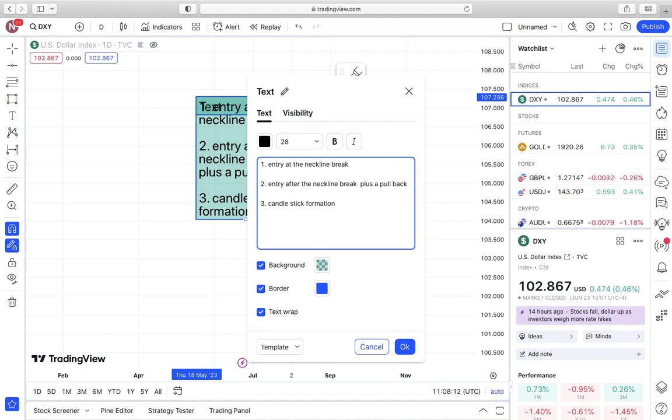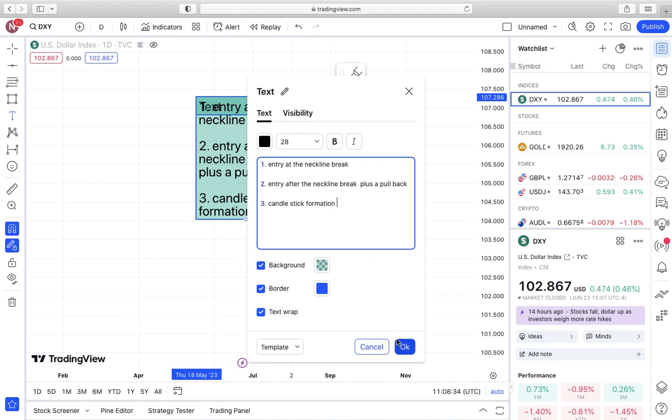They will enter at the candlestick formation of that place without necessarily waiting for the neckline break. All these ways you can trade it, because all of them are entry points. Those are guaranteed entry points.